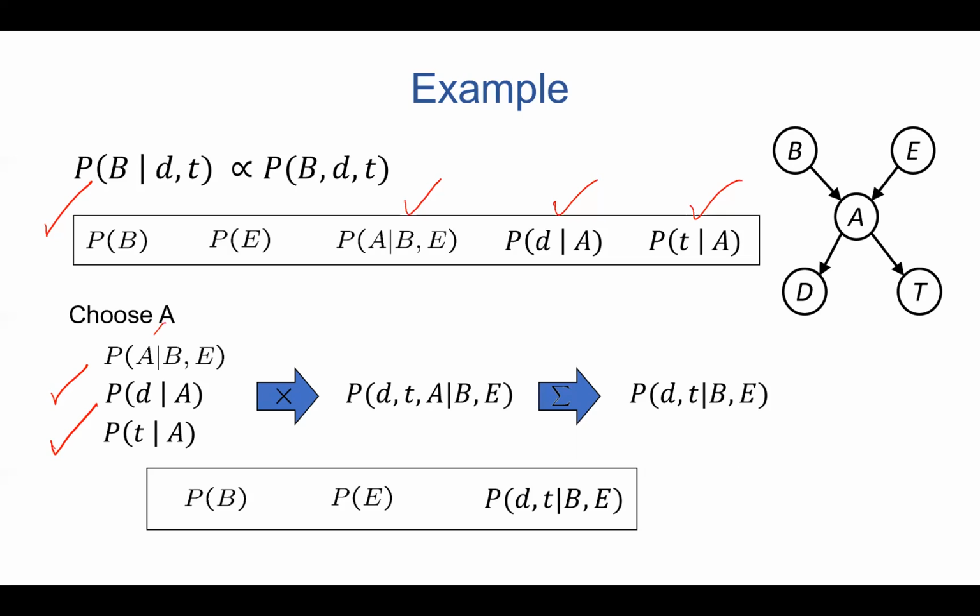Basically A, D, and T are going to come up before the conditioning bar, and the ones that come after the conditioning bar stay after it. Then we do the summation, except over A. You look at all the variables: if a variable appears at least once before the conditioning bar, just put it ahead of the conditioning bar.